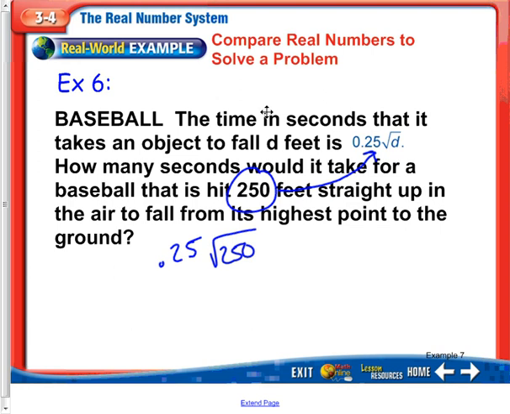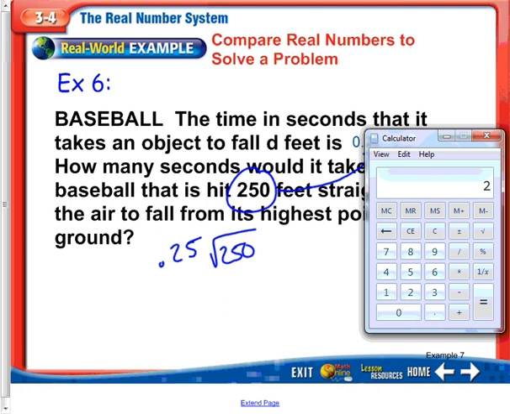So here it says comparing real numbers to solve a problem. What we can do here is, if you want, you can estimate the square root of 250, or you can use a calculator. We'll say 250, and we'll find the square root of that is going to be almost 16, 15.8.